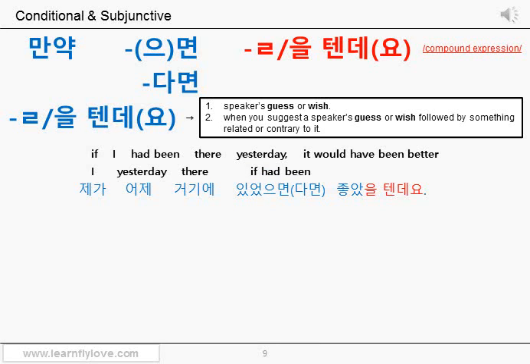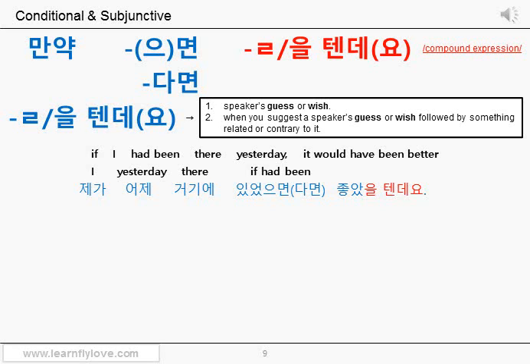If you had been, it indicates the past tense. 좋았을 텐데요. 좋 is the stem of the adjective 좋다, which can mean to be good. 앗 is of course the past tense indicator, and we added 을 텐데요 at the end. 좋았을 텐데요.